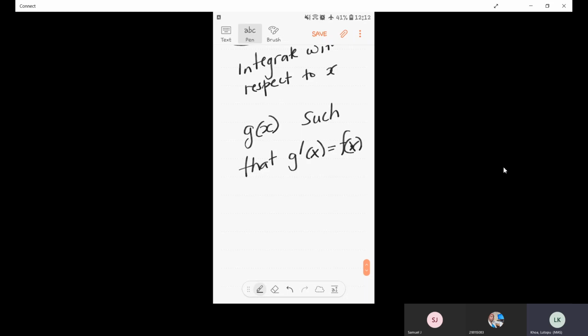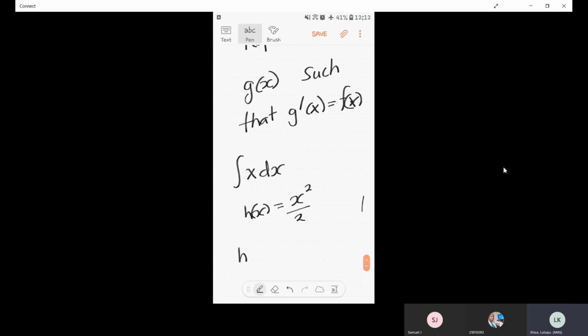So for example, if I gave you this and I said integrate x with respect to x, or the integral of x dx, your answer, let's say h of x, could, for example, be x squared over 2. Because if I differentiate h of x, so I find h prime of x, this is equal to 2x to the power 1 over 2. This is just equal to x.